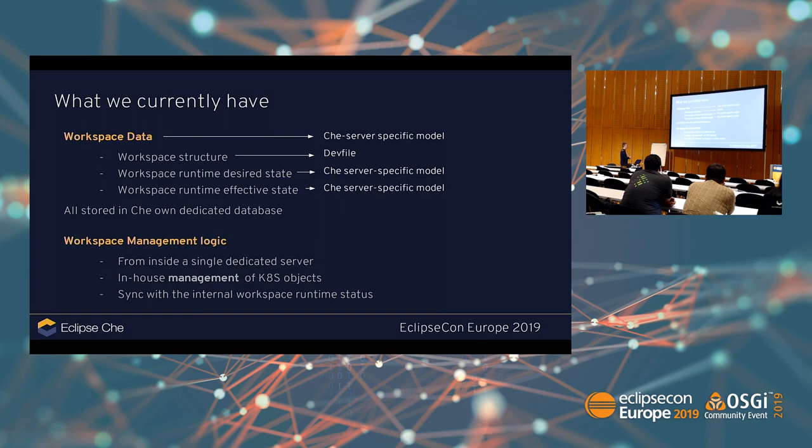Also, from inside a single dedicated server, you have to manage all the Kubernetes objects. And then, of course, you have to do in-house management to define the rules and check that everything is in sync, because you have Kubernetes objects and states stored in your database, and you have to maintain sync between all these with custom logic. This is what we have currently.